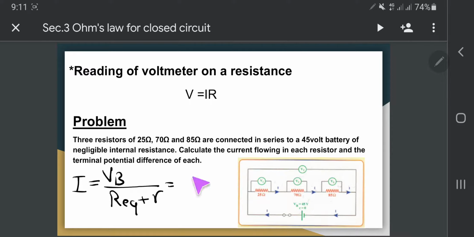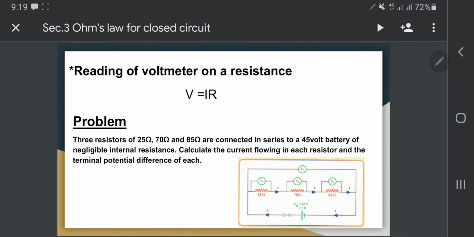VB is 45, and R equivalent of the 3 resistors in series is 25 plus 70 plus 85. R internal is 0, negligible, so the current equals a quarter ampere.